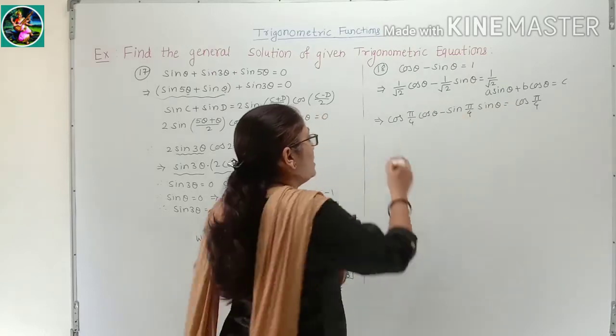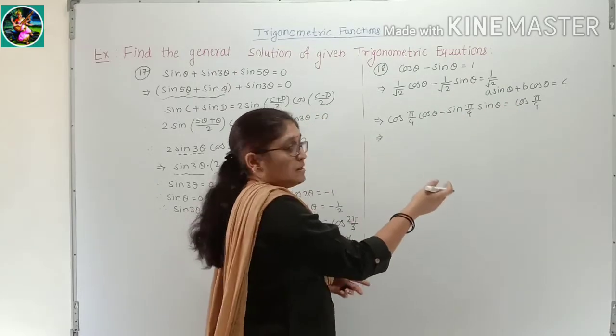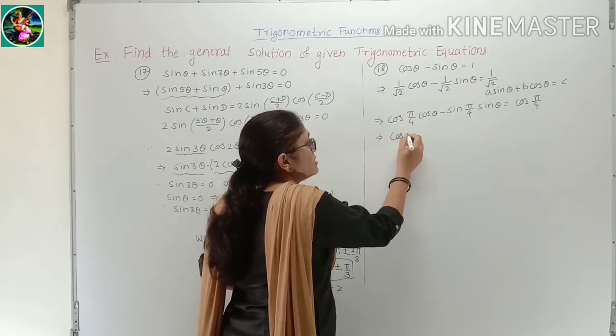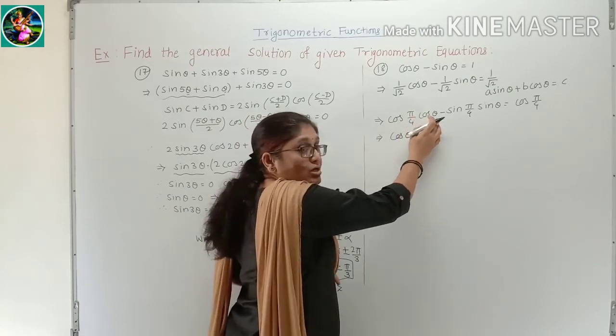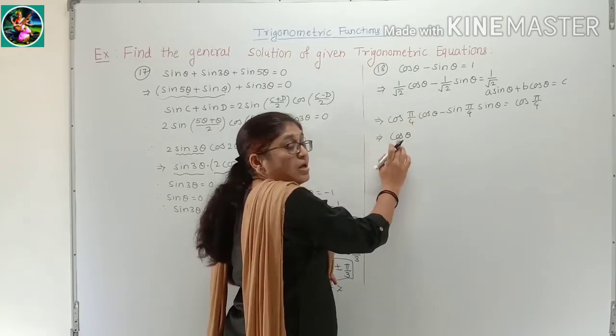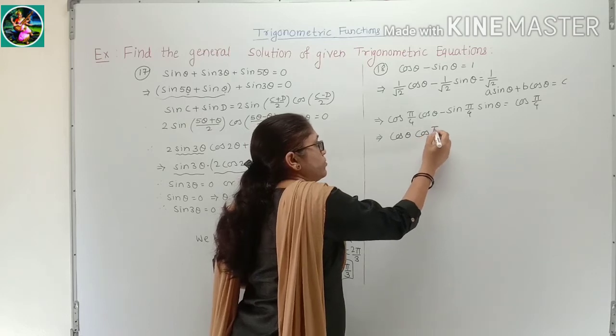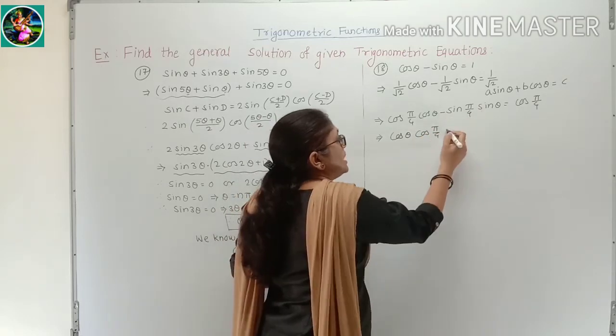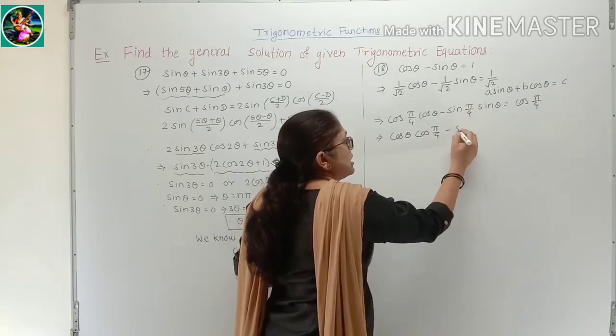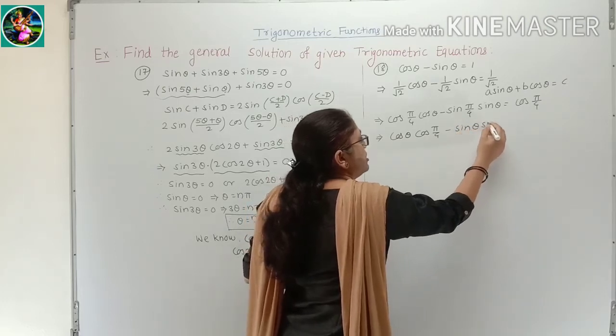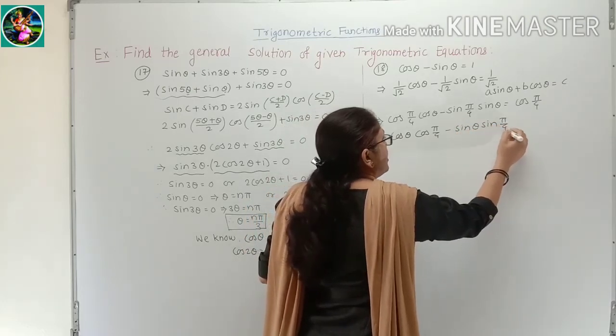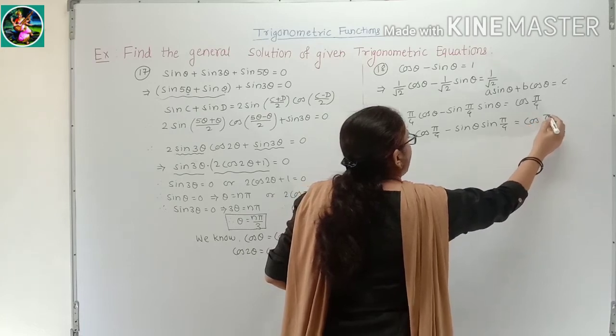Okay, here we interchange the terms. Therefore, here we write cos theta, that cos pi by 4 into cos theta can also be written as cos theta into cos pi by 4. Here also we interchange both terms, that is sin theta into sin pi by 4 is equal to cos of pi by 4.